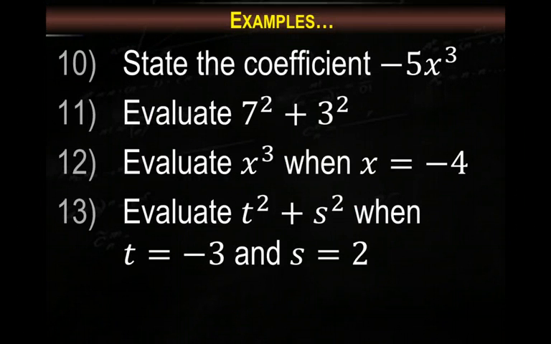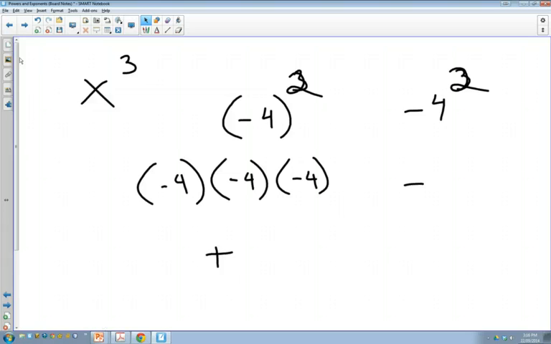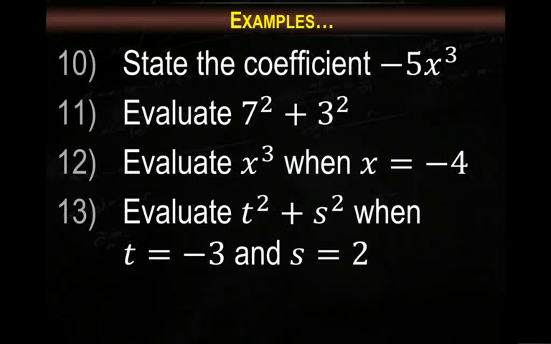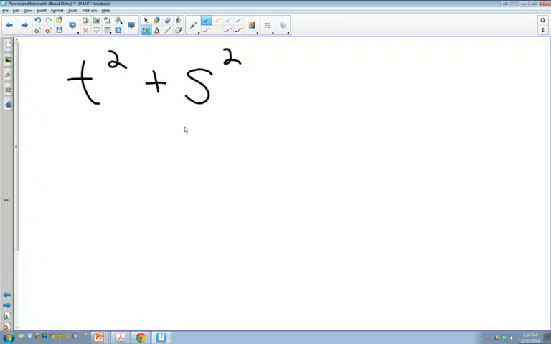And then the same with this one. T squared plus s squared when t is -3 and s is 2. Let's try that one. So it's t squared plus s squared. Now I'm losing track of my memory again. Yeah, -3 and 2. So this is -3, and this one is 2. But remember, you're rewriting this.